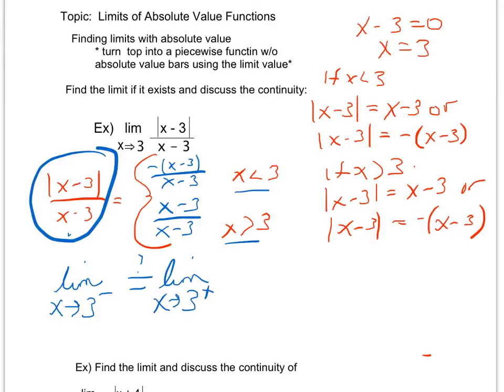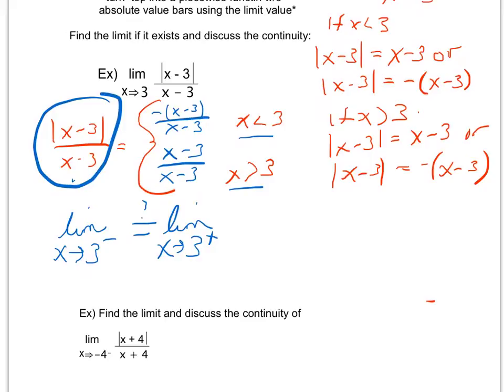From the left would be using my top function. So the limit as x approaches 3 from the left, instead of writing absolute value of x minus 3, I'm going to write this here, because if I'm coming from the left, I'm coming from values that are smaller than 3.